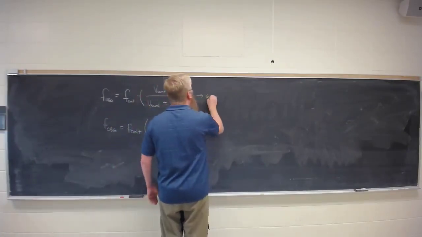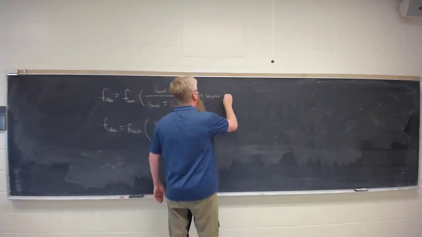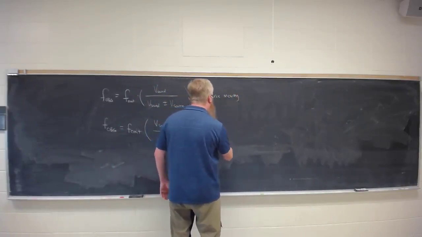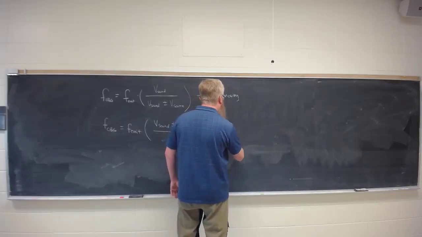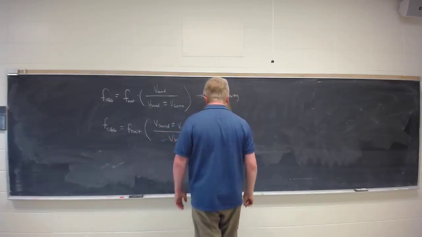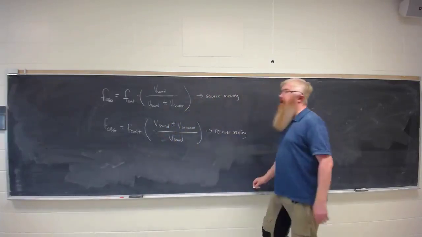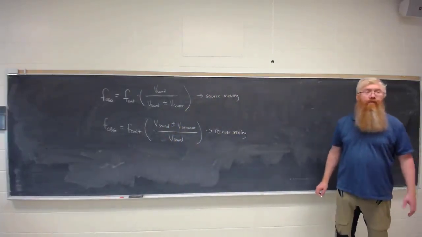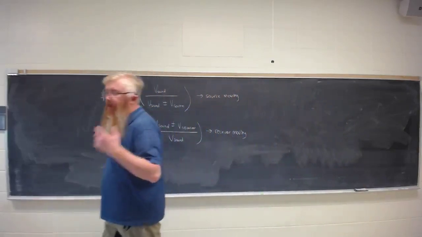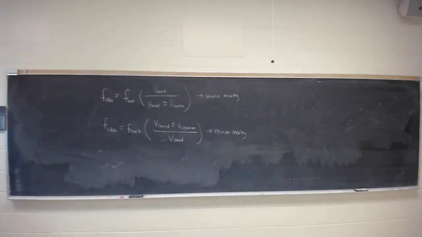So this is source moving, and this is receiver moving, the receiver being the thing that's hearing the sound. Velocity of sound, 323 meters per second approximately in air.